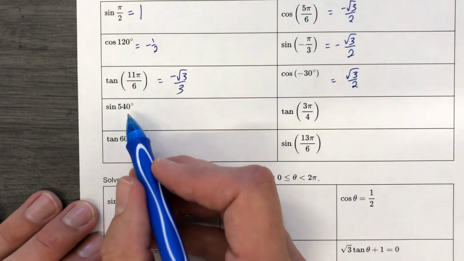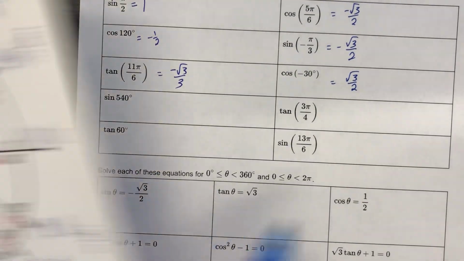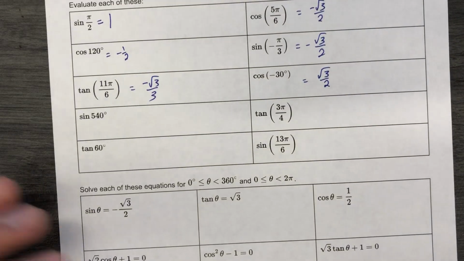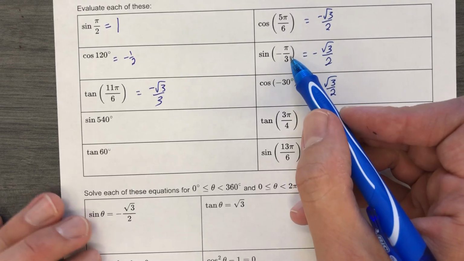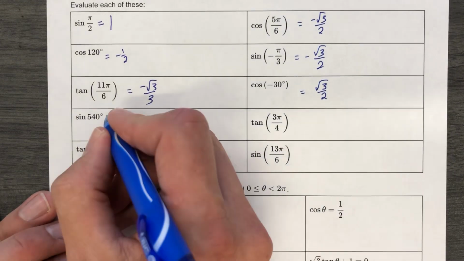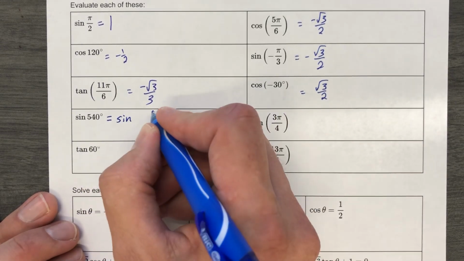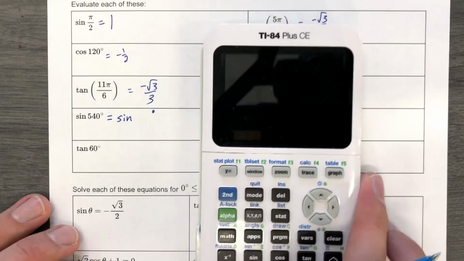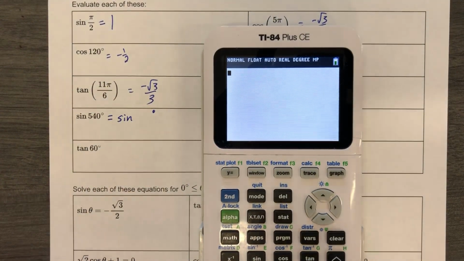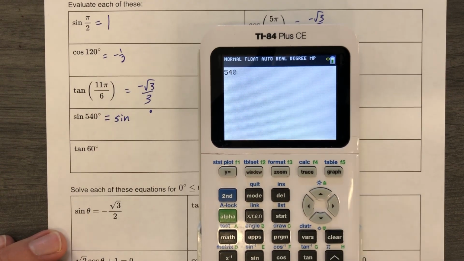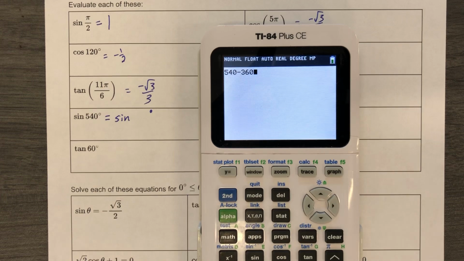All right, sine of 540. Well, we're going to find 540 on here. Oh, man, can't find 540 on here. Man, 540 is too big. So I haven't done this yet with these two that were in a negative direction. I totally could have. But what I'm going to do is say, well, you know what? This is really equal to sine of something else. And that something else is going to be, and you can totally do this in your head, 540 minus 360, and you're going to end up with 180.